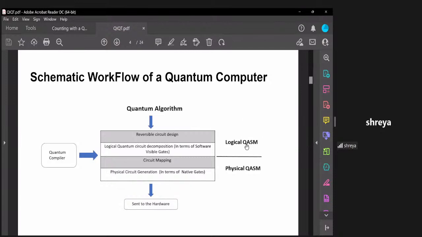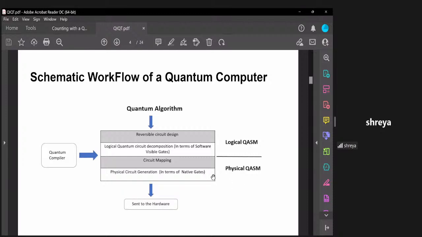QASM is the quantum assembly language. The logical QASM is the user level circuit, and the physical QASM is the circuit that the platform outputs once you input your circuit.